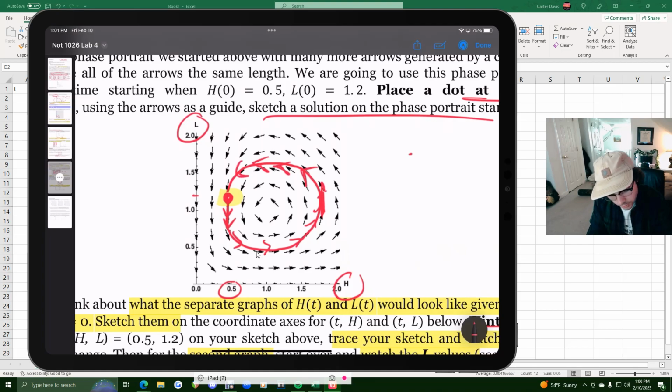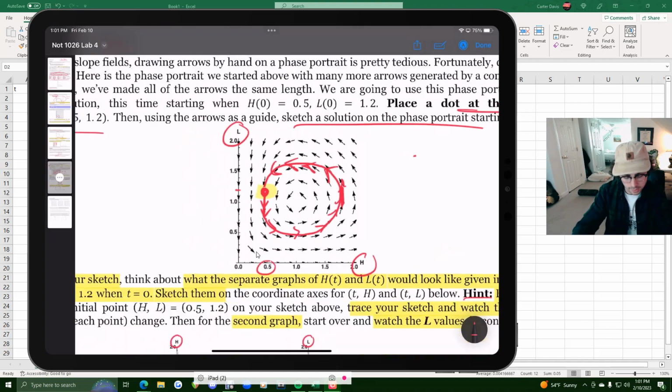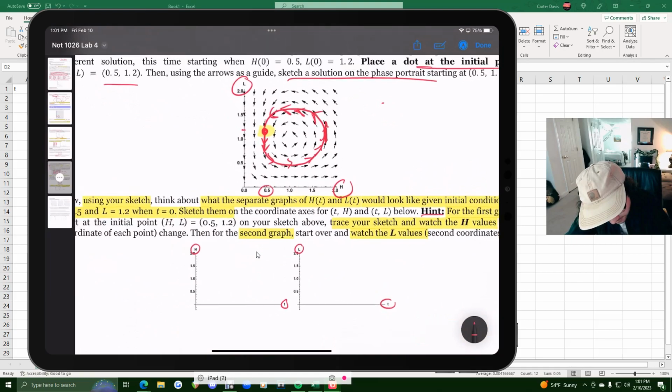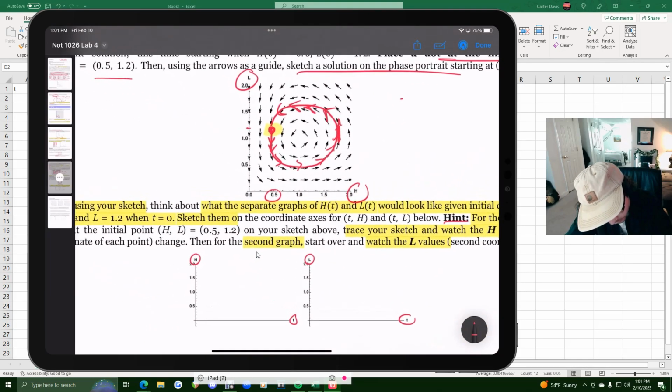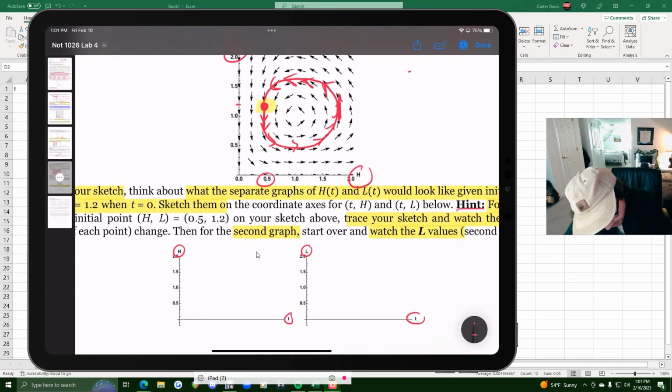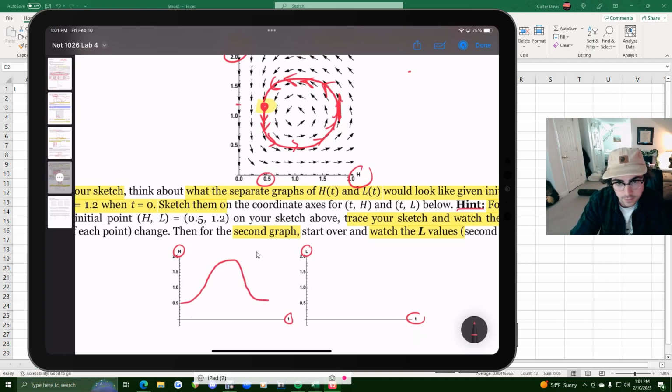H goes back from 1.7 all the way to 0.5. So we need to graph that over time: it stays at 0.5 for a little bit, works its way up to 1.7, works its way back down to 0.5. That's your H of t.